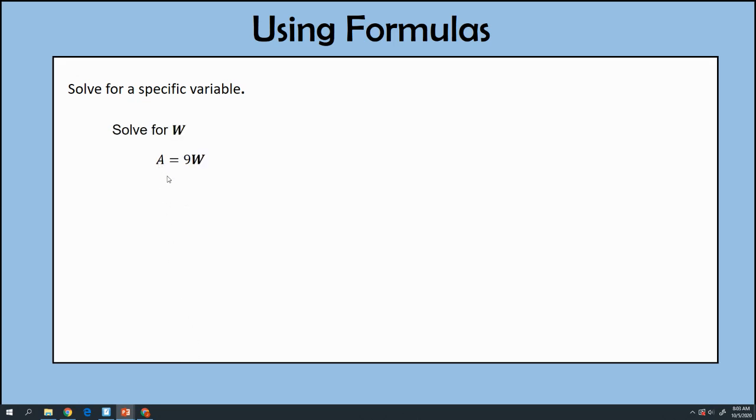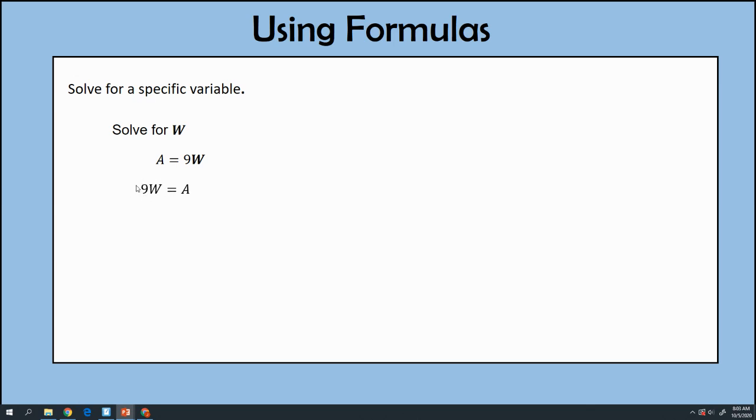This one is a little different, but again, we're asked to solve for w. Right there's the w. If I switch it, I like to have the variable I'm solving for on the left. 9w equals a. I want to isolate w. Since w is being multiplied by 9, the 9w is already isolated.